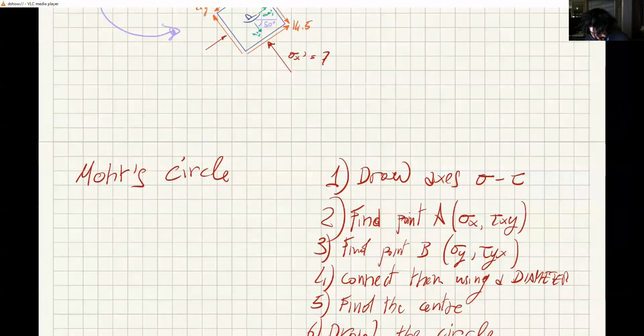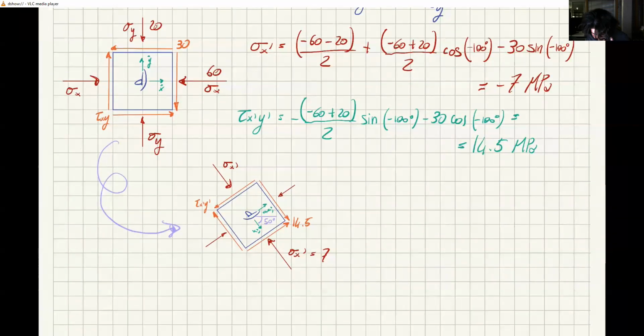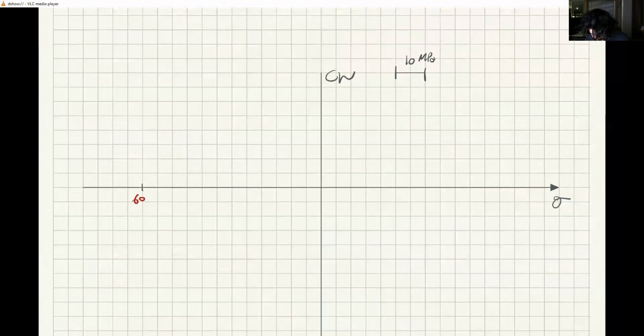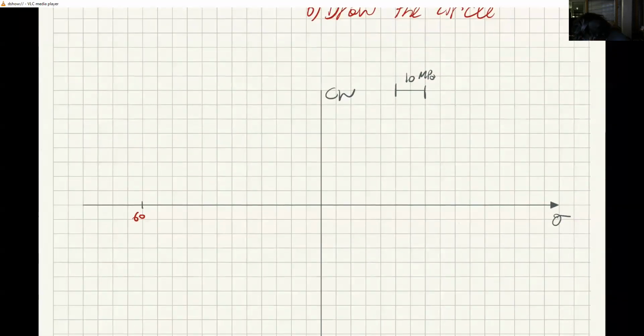And of course, tau xy is 30 clockwise, so it's minus 30. So 1, 2, 3 here. So if I just draw the lines, I can find point A. This point here is my point A, which has coordinates sigma x, tau xy.